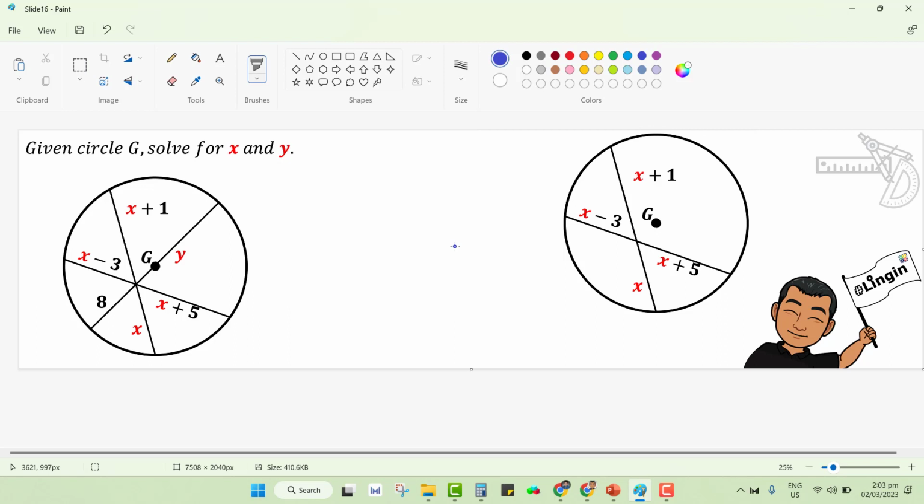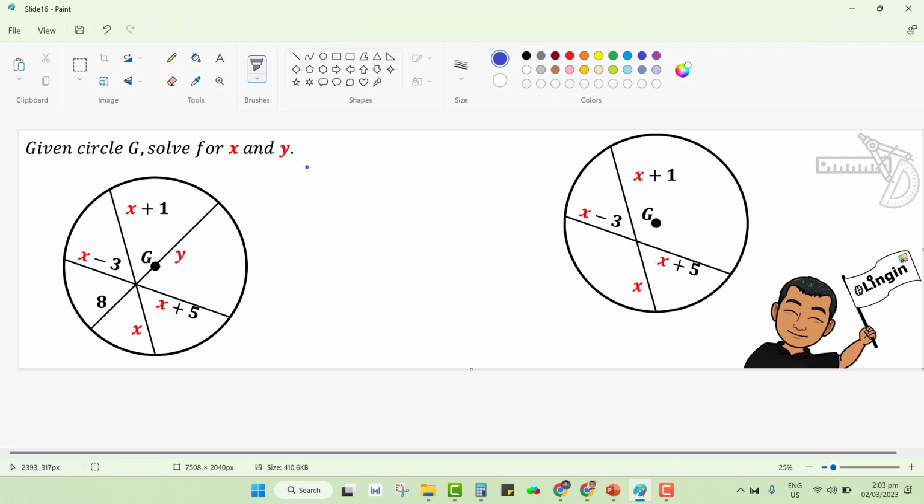The chord-chord power theorem tells us that if 2 chords intersect inside the circle, the product of the segments of one chord, cut by the point of intersection, is equal to the product of the segments of the other chord as well.